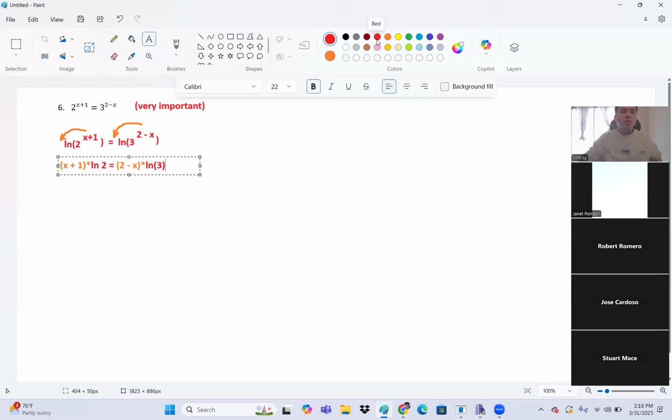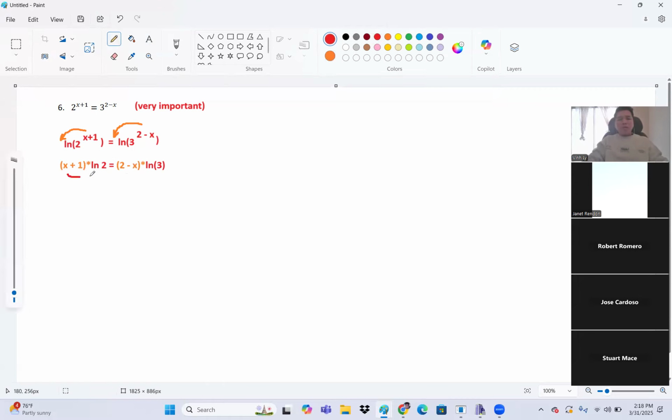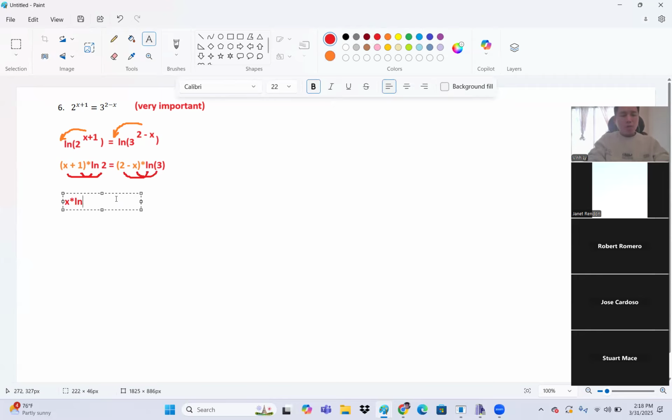All right, and then we have to combine them, right? You're gonna expand this. So once we expand those terms, we're gonna get x times ln 2 plus ln 2 equal to 2 ln 3 minus x ln 3.